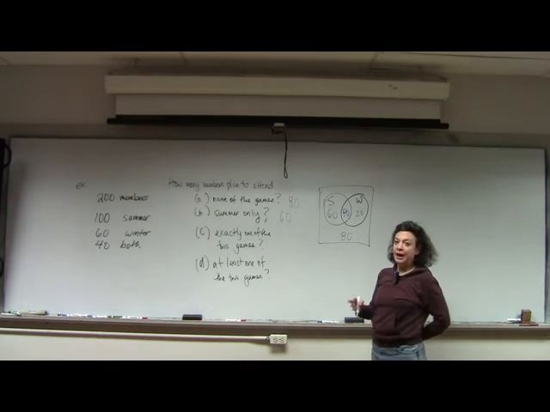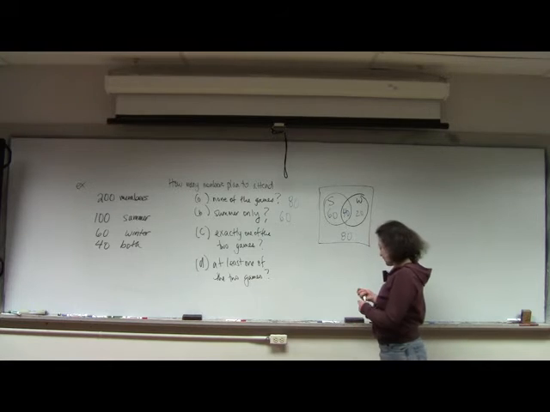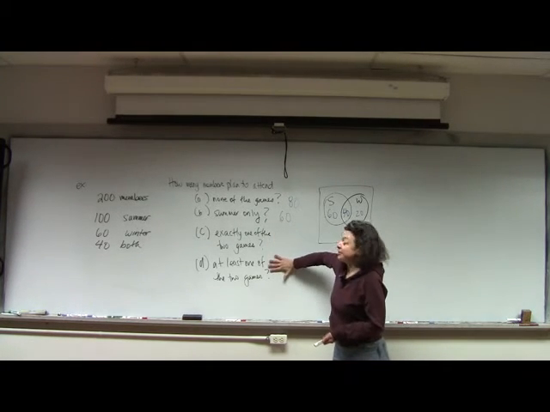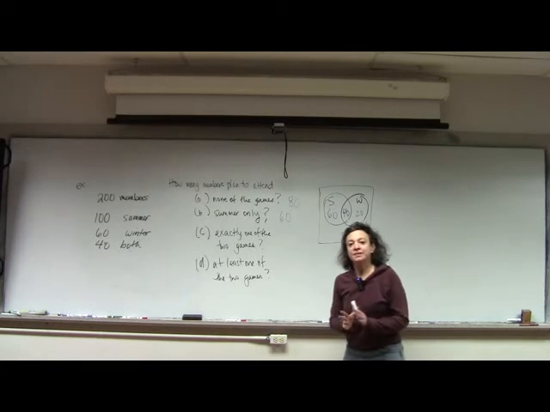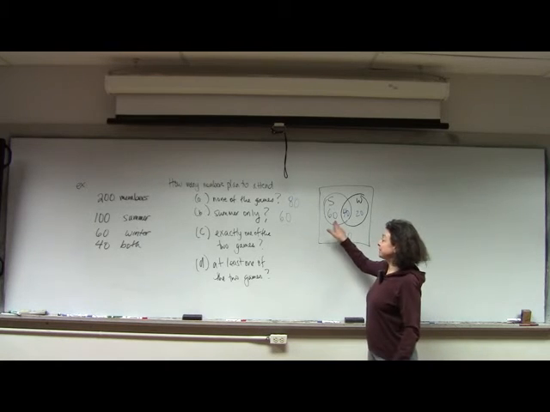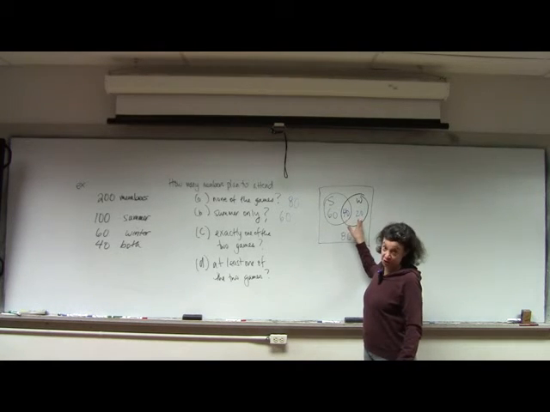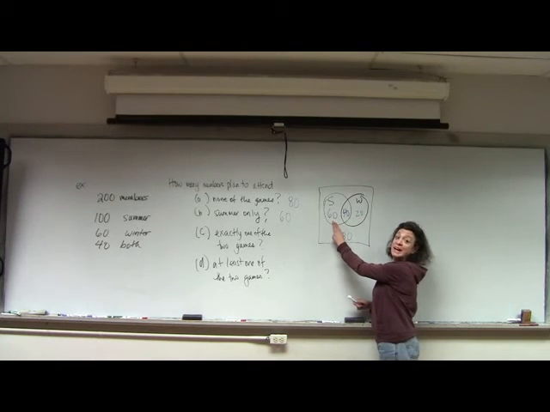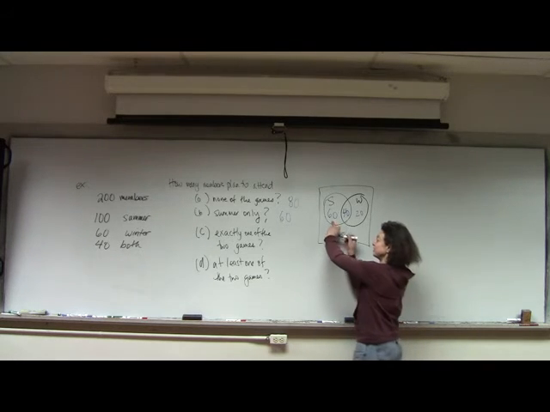All right. Now we're getting into some verbiage that's going to come up a fair amount: exactly versus at least or at most. Exactly one of the two games means that they're going to summer only or winter only. These guys are going to exactly one of the two games, so this is certainly a number we're interested in.